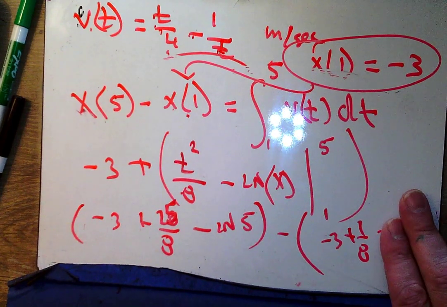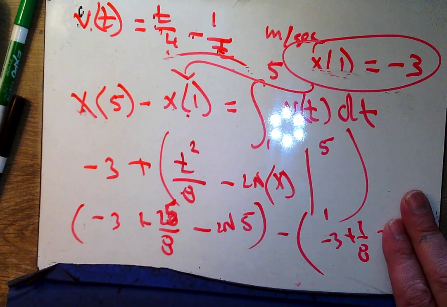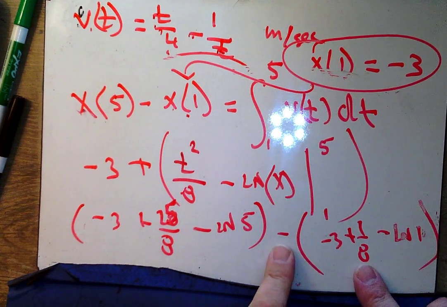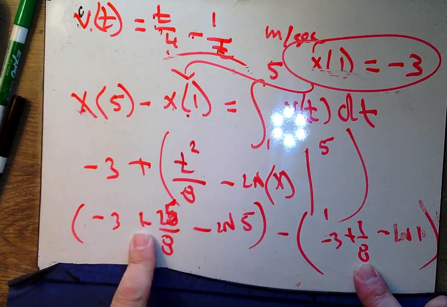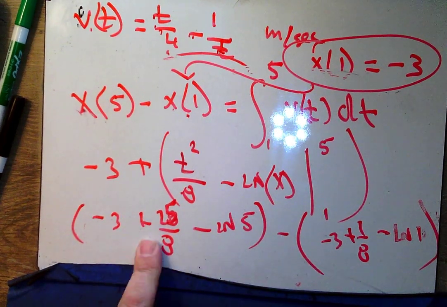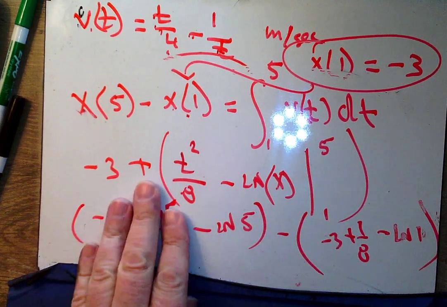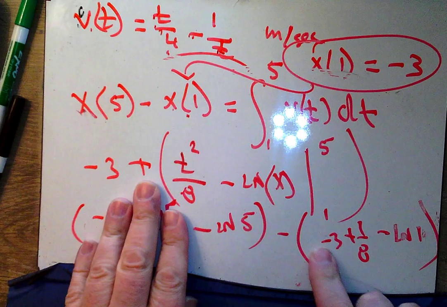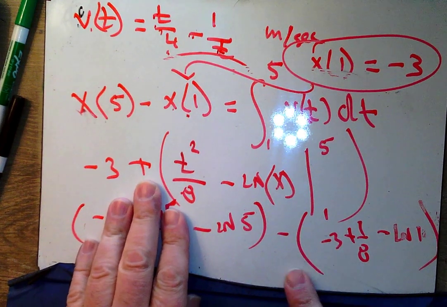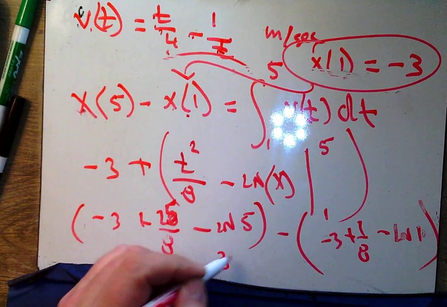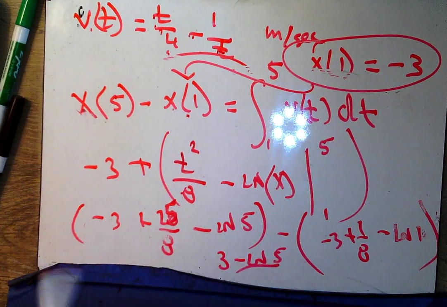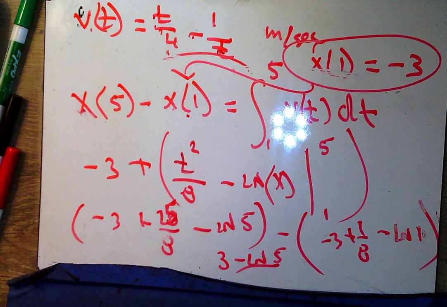So, are there any like terms to combine? Maybe. That's going to be negative 1/8 plus 25 eighths, which is 24 eighths, which is 3. Negative 3 plus 3, that's 0. And then over here, I have minus and minus is plus 3. So, 3 minus ln of 5. That would be my answer for the displacement asked for in part B.